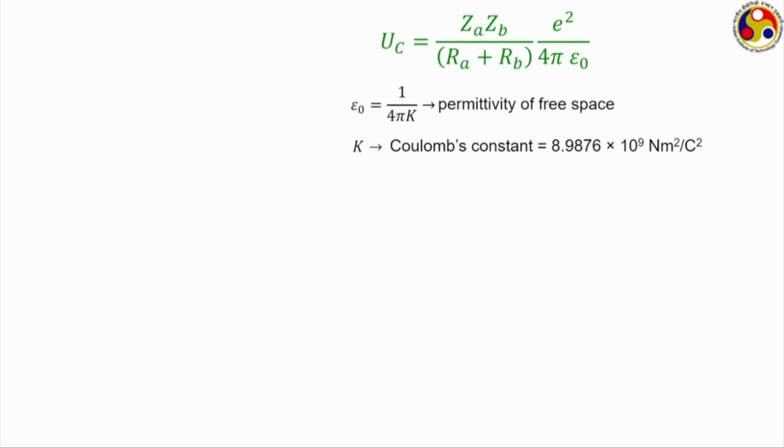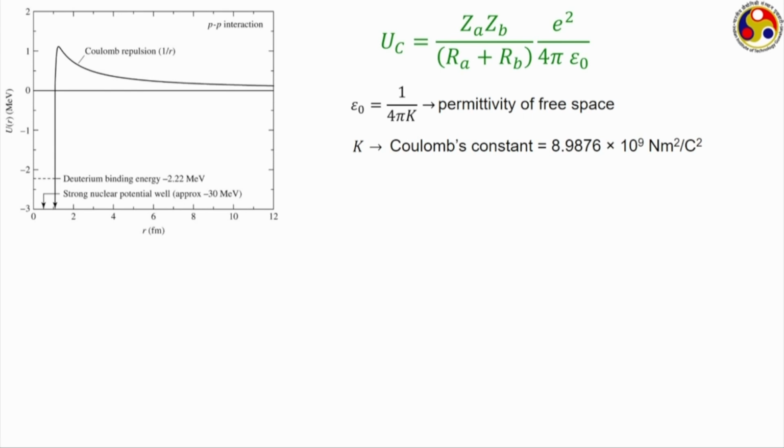So, the magnitude of epsilon can also be calculated, and this portion e squared by 4 pi epsilon is actually a constant, and depending upon what kind of reactions we are talking about, using parameters for A and B, you can calculate the value of U_C, the Coulomb barrier.